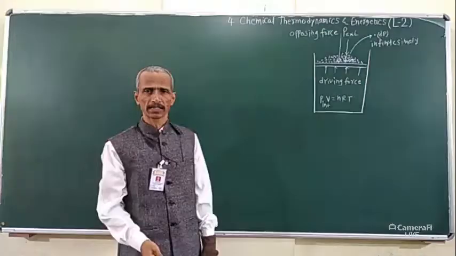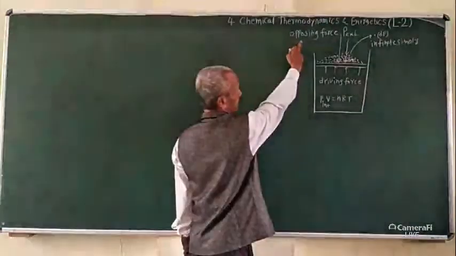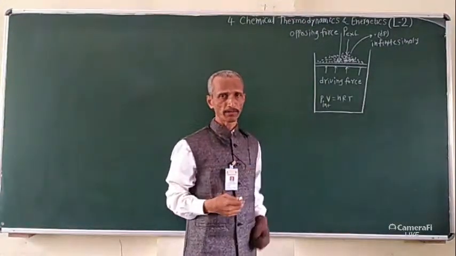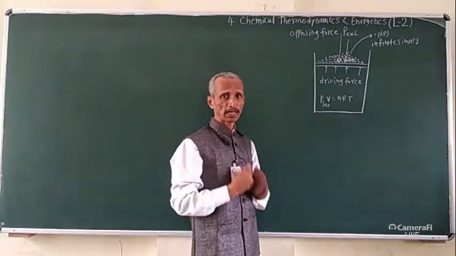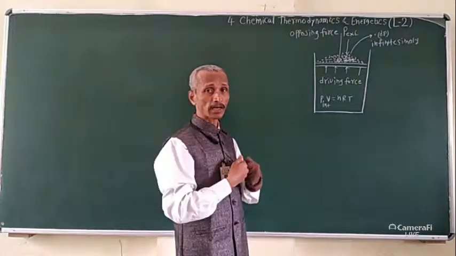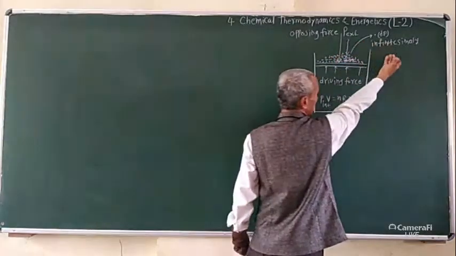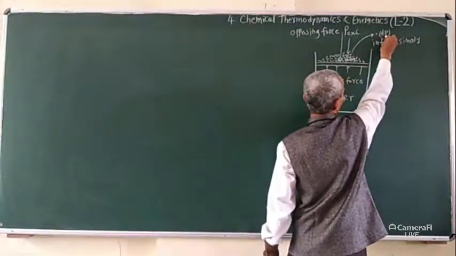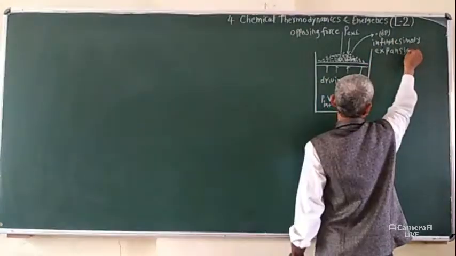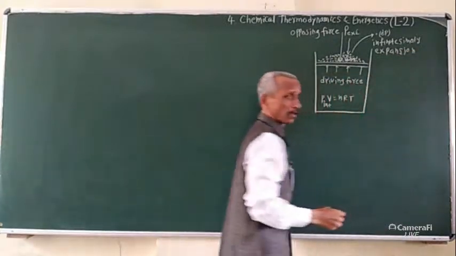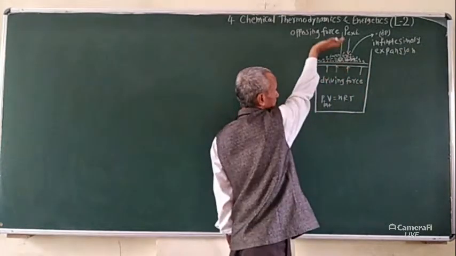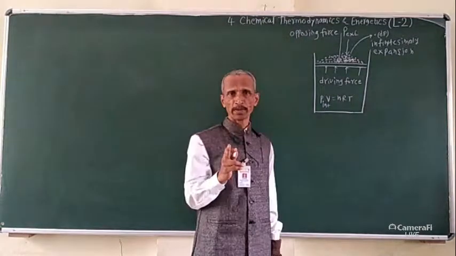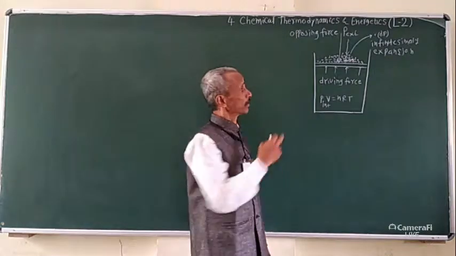The system is said to be at equilibrium when the opposing force and driving force are balanced, they are the same. But as the opposing force infinitesimally decreases by a very small, imaginary amount dP, the piston displacement takes place, and work is done.